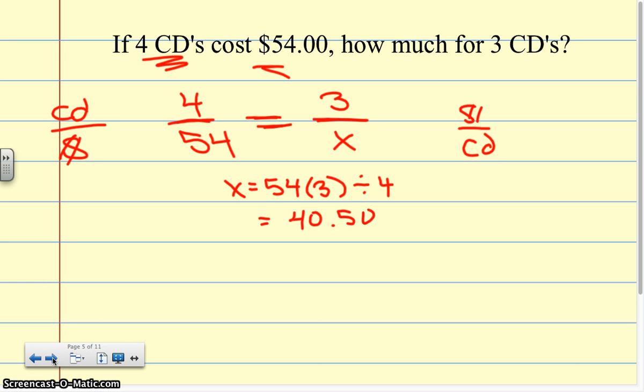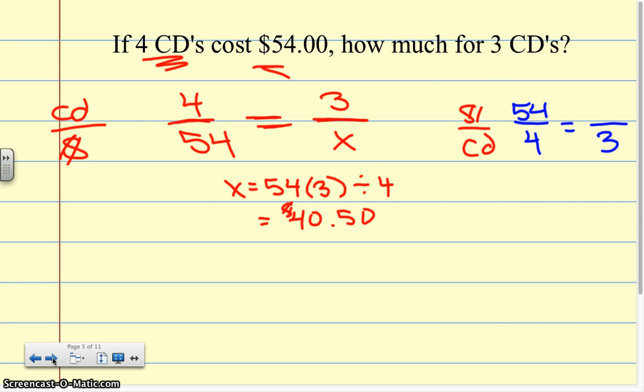Now let's use Alex's strategy. He went dollars is to CD. It's not going to matter. You can do it anyway. So Alex has 54 is to 4 and then he says how much for 3 CDs? And Alex's proportion, is the 3 going to go on top or bottom? Bottom, because he's got CDs.